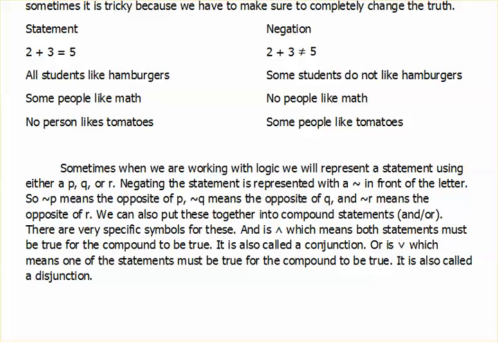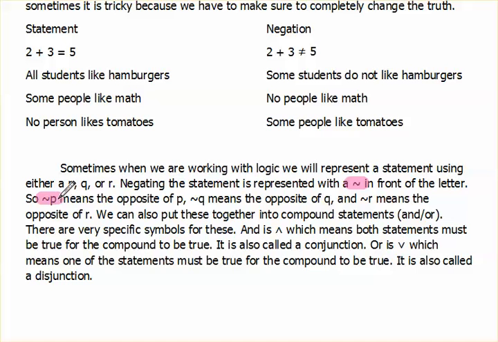And when we negate that, we put this little tilde in front of the letter. Whenever you see something like this, that literally reads "not P," and it would be the opposite of P.